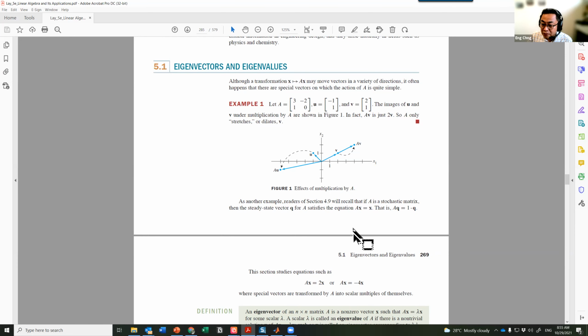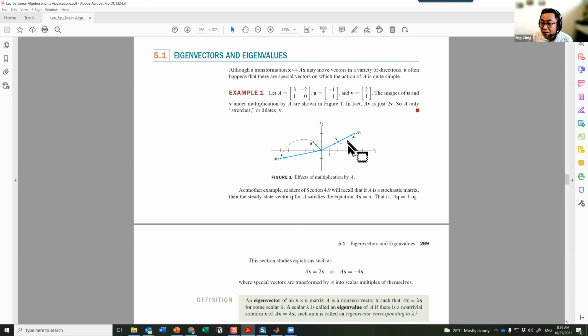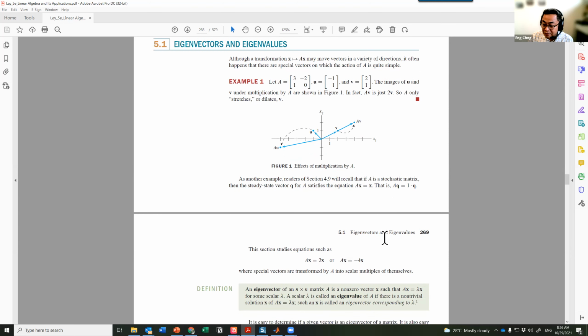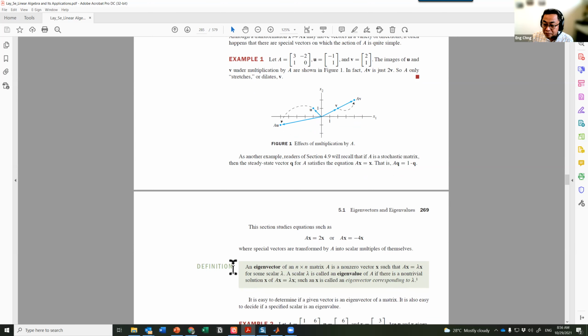The other conclusion is that we want to see how the resultant eigenvector was scaled, and we call that the eigenvalue. The other thing about eigenvector and eigenvalue is that the eigenvector cannot be 0, because A multiplied by the 0 vector is the 0 vector.